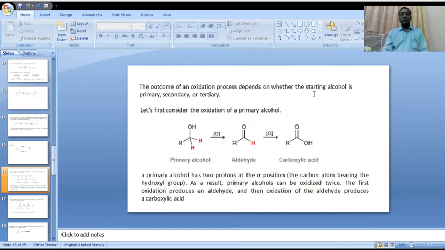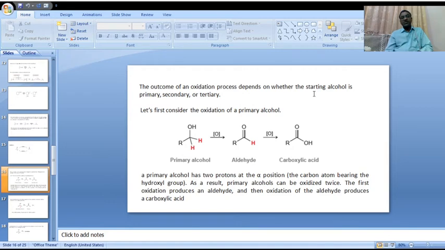Now let us go to a very interesting topic. The outcome of an oxidation process depends on whether the starting alcohol is primary, secondary or tertiary. It depends on that starting material. It may be a primary alcohol, secondary alcohol or tertiary alcohol.